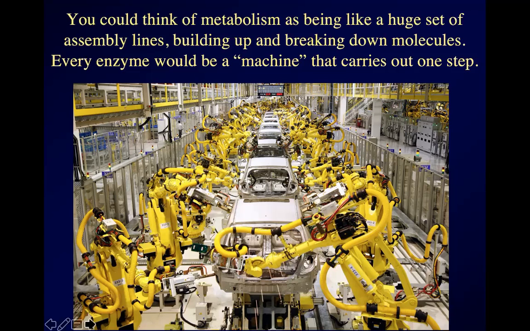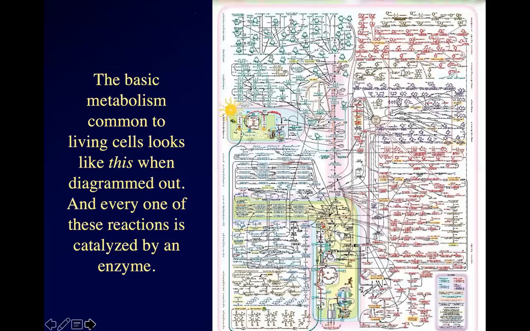And the totality of a cell's metabolism looks like this. And I hope you're copying all of that down. Actually, I'm kidding. You don't need to copy all of that down. That thing looks like a horrible mash of spaghetti, and it's hard to see detail at this level.